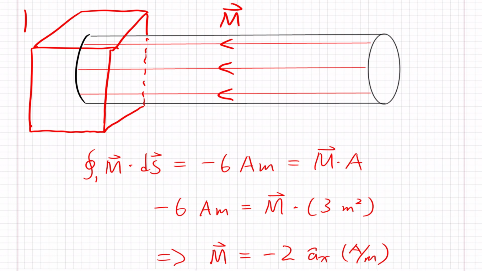Given that the integral of M dot dS in Gaussian surface 1 is negative 6 amp meter, we can find the magnetization by solving for the integral, which will be M multiplied by the cross-sectional area of the bar. After plugging in the value of the area, we find that the magnetization is equal to -2 amps per meter in the x direction.